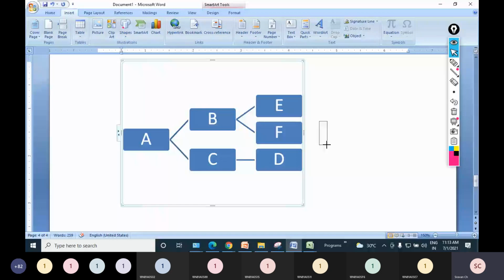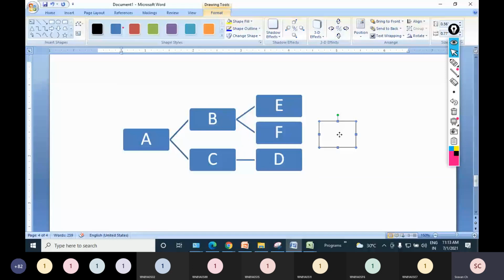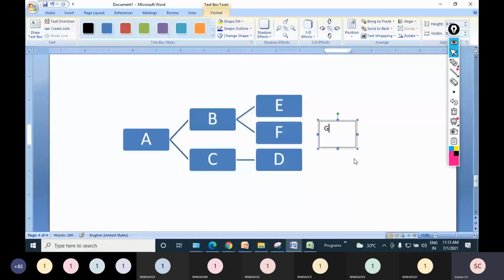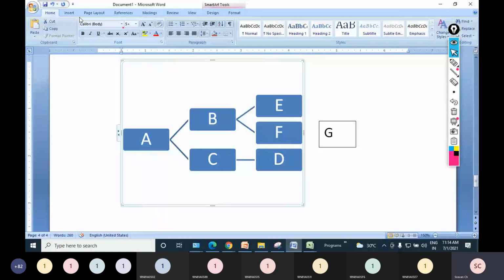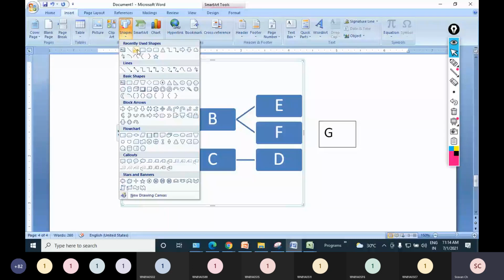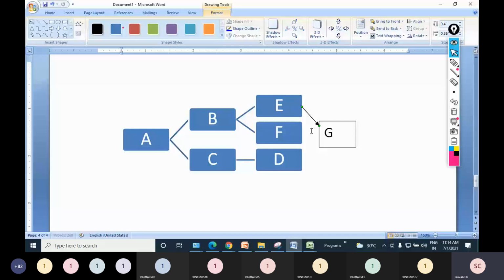Let me call this one G. Now, what I want to understand is, this G can occur either because of E, or this G can occur because of F, or this G can occur because of D.